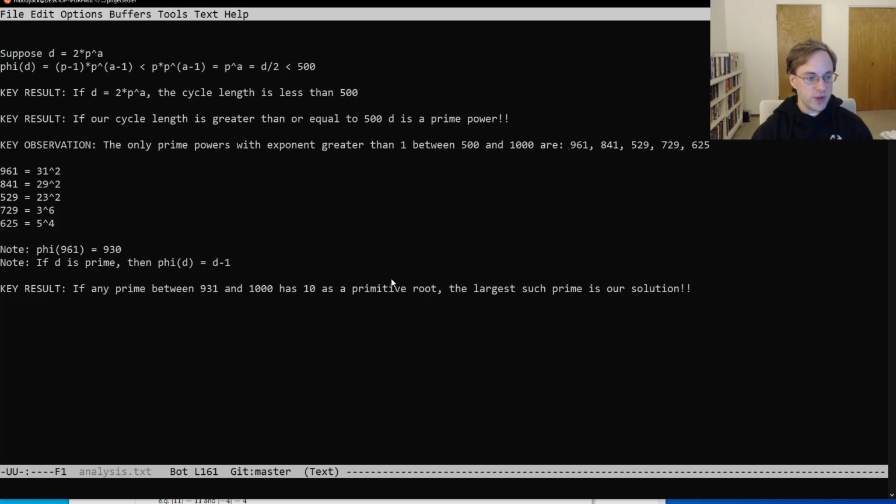Okay, so it does seem like we're starting to narrow in on our solution. You'll note that we don't have any guarantee at this point. We don't know how common it is for 10 to be a primitive root.